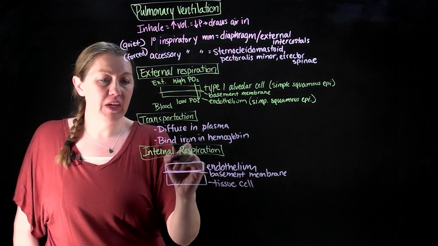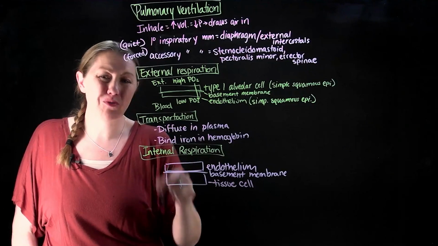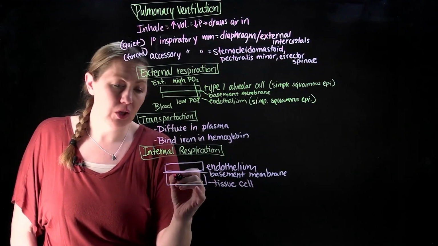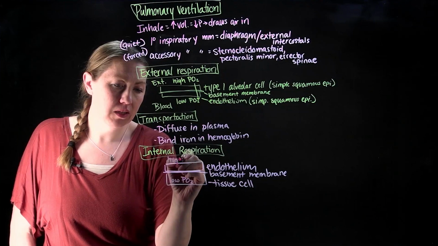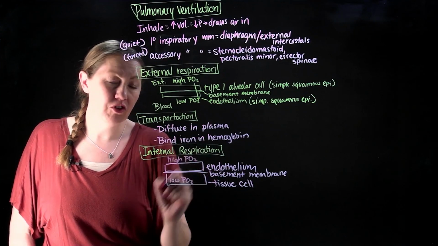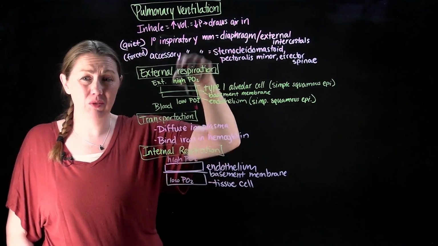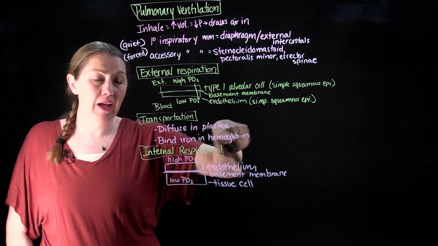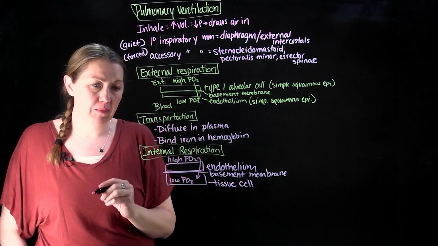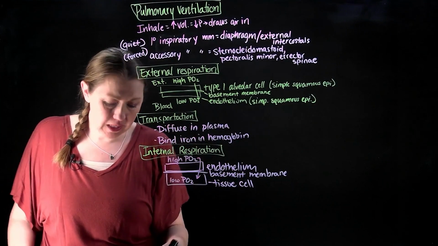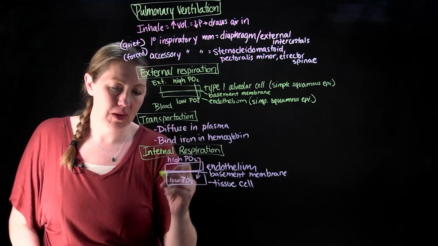When you're moving here, that tissue is being active, and so it's probably low in O2. But out here, you're high in partial pressure of oxygen because you filled up that hemoglobin. So high concentration to low concentration, so we're going into that cell. Why are we doing that? We're doing that so the next thing that we can do is cellular respiration.